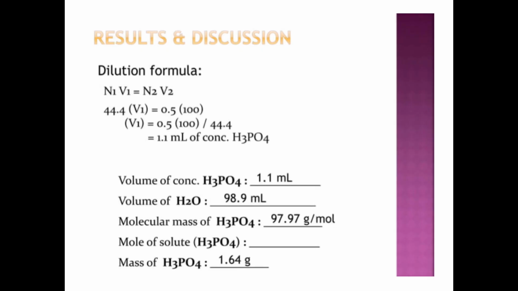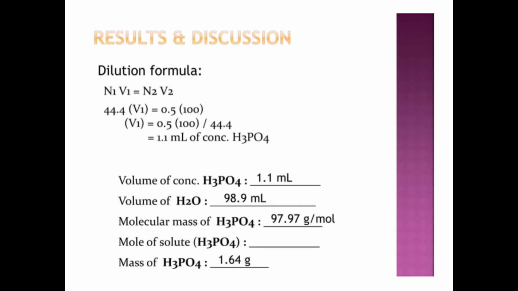The molecular mass of H3PO4 is 97.97 gram per mole, and then the mass is 1.64 gram. Then from there you can find the mole. Of course, you know that mole is mass over molar mass.